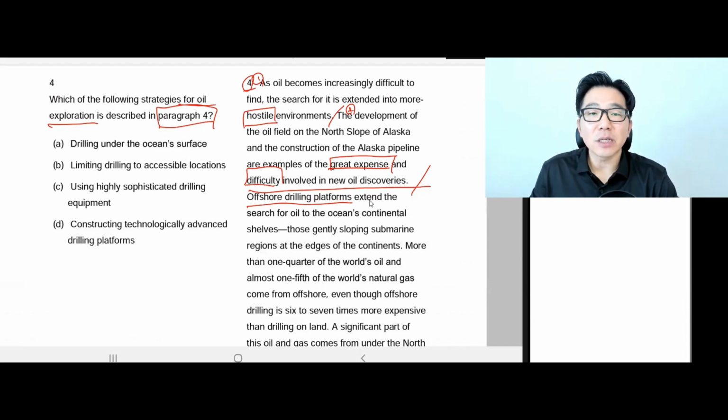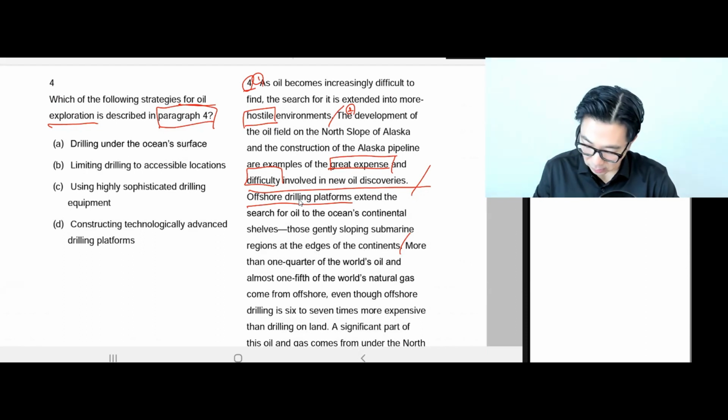Offshore drilling platforms extend the search for oil to the ocean's continental shelves, those gently sloping submarine regions at the edges of the continent. Yeah, as I said. So offshore, in the water, not in the middle of the land, at the edge of the continent, or a little bit or far away from the shore.